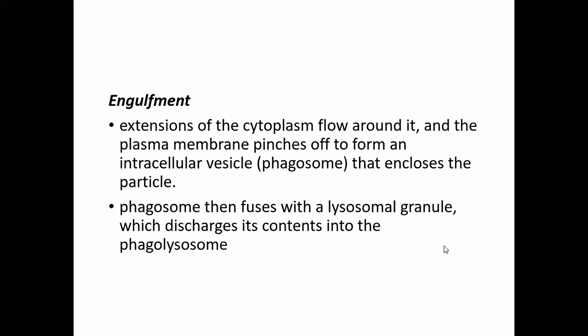The phagosome fuses with the lysosomal granule, and during the process the phagocyte also releases lysosome contents into the extracellular space. The process of phagocytosis is complex and involves the integration of many receptor-initiated signals, leading to membrane remodeling and cytoskeletal changes.